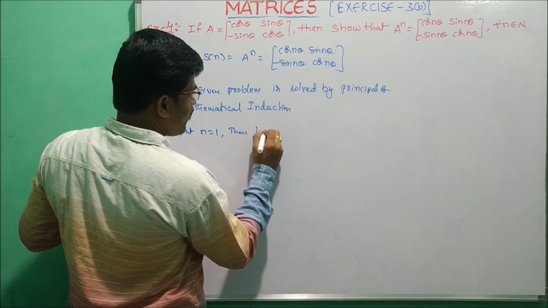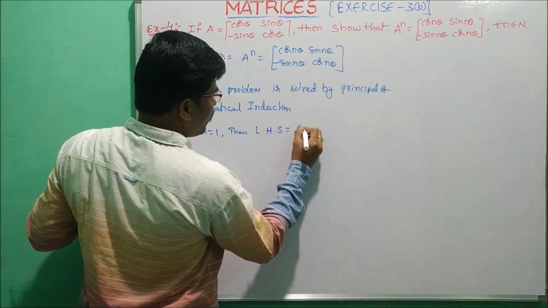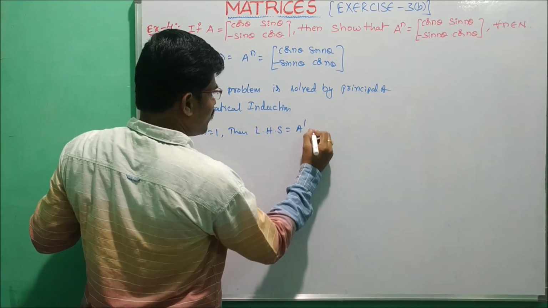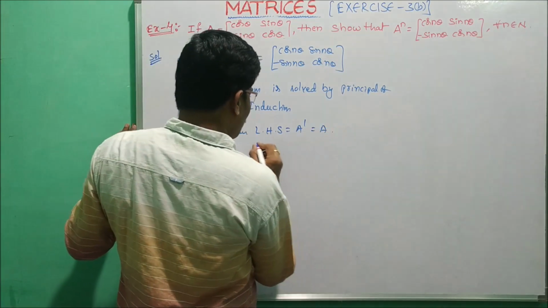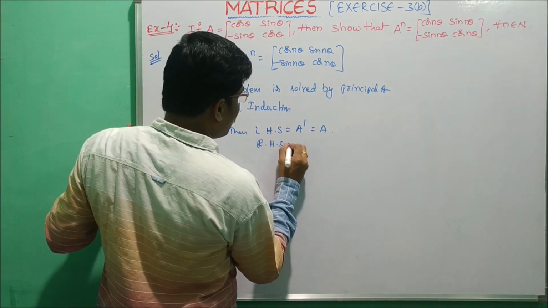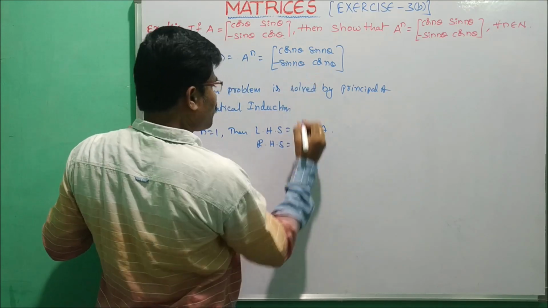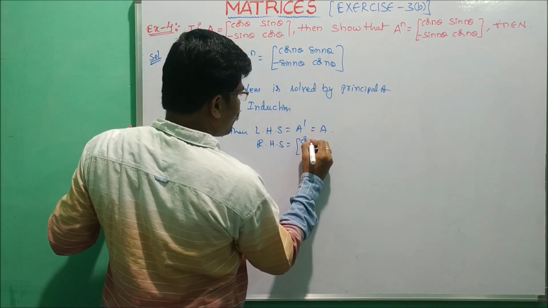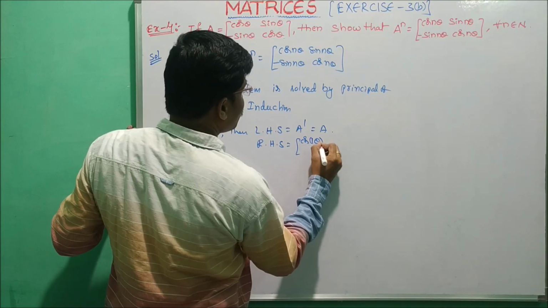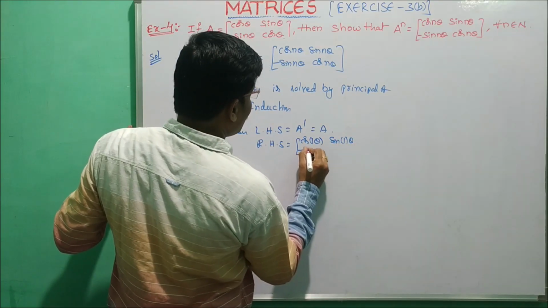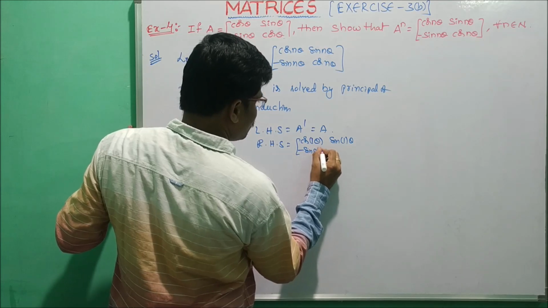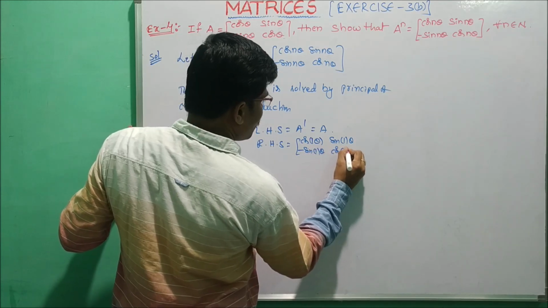Then LHS equals A power n, with n equal to 1, so that equals A. Clearly we have to observe the RHS value. Here we take n equals 1, that is [cos 1 theta, sin 1 theta; minus sin 1 theta, cos 1 theta].